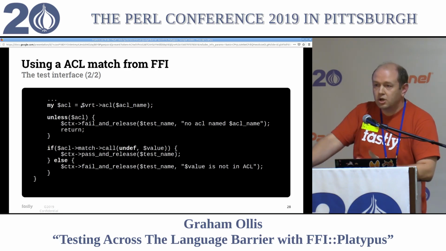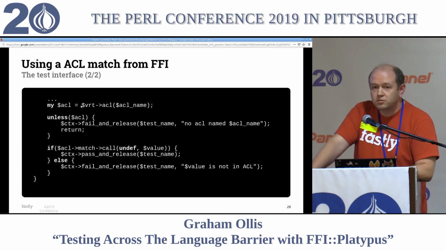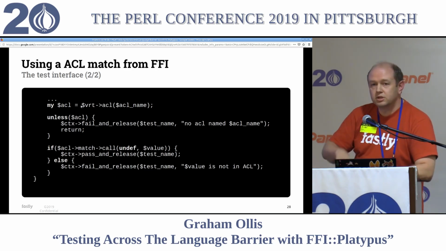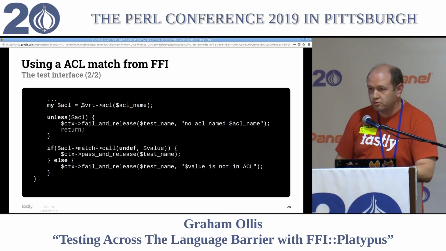If it doesn't, then obviously the test should fail because you don't have an ACL with that IP address. If it does exist, then we test the match. If it matches, then we pass, and if it doesn't, we fail. And if you remember in the test, we also had some hasn't calls, so if something doesn't match the ACL, you can do the same thing, but with the reverse logic at the end.